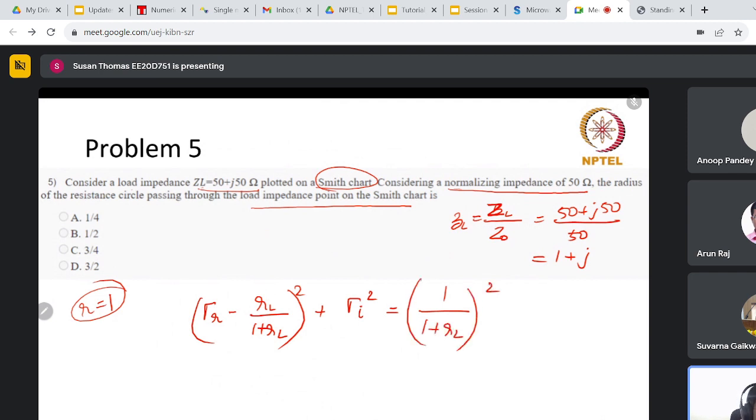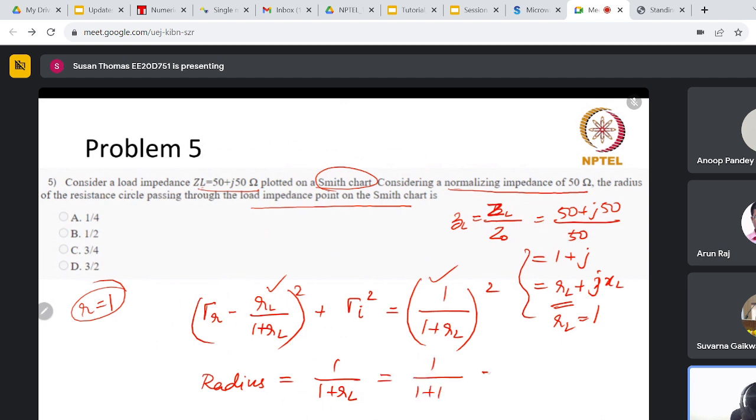This is an equation of a circle with this center, and this is the radius. You all know the equation of a circle. So this radius will be 1 by 1 plus RL, where the load is RL plus jXL. Here RL is 1, so 1 by 1 plus 1, which is 1 by 2. So the answer is option B.